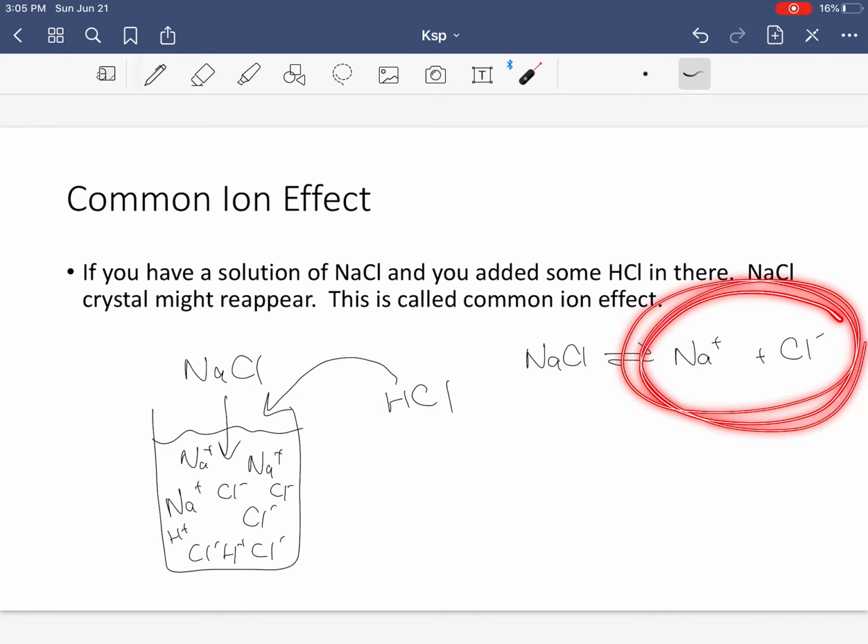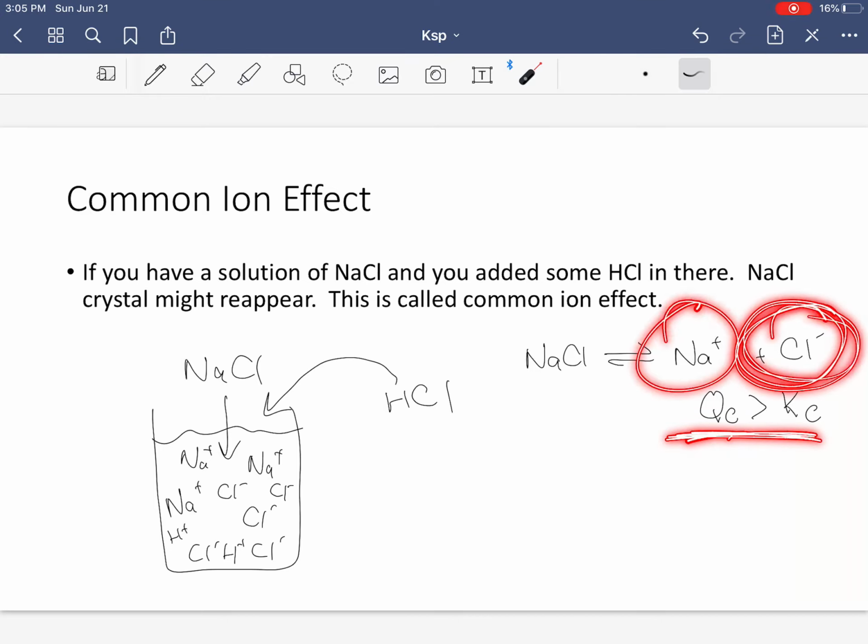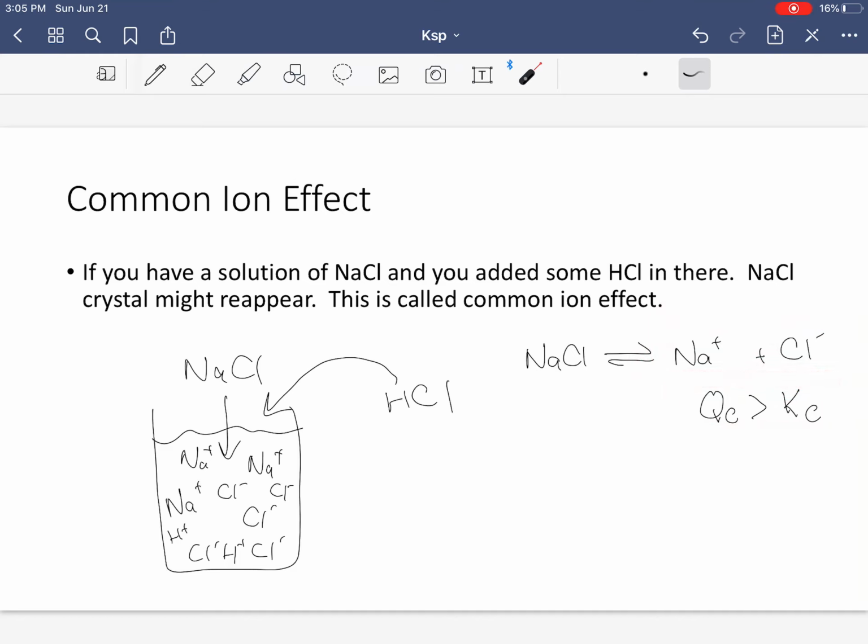When you have an excess of product, obviously right now your Qc will be far greater than your Kc. What happened when your Qc is greater than your Kc? That's right, Le Chatelier principle. He said when this happens because you have too much of this, so when you multiply this number and this number together, this number is bigger than your Kc. Well, guess what? I'm going to go back.